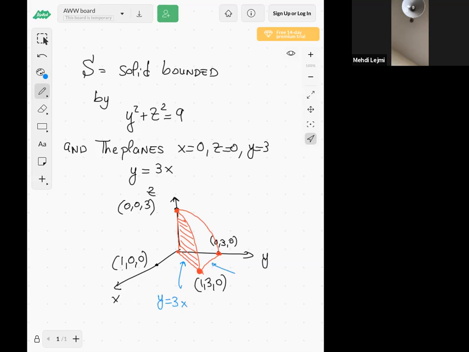This line belongs to the plane y equals 3.